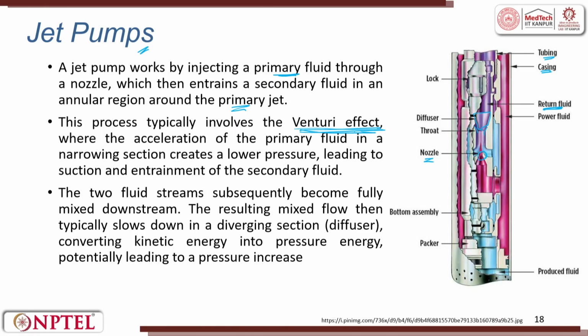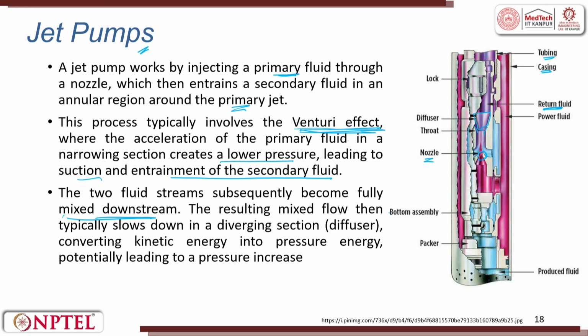The acceleration of the primary fluid in a narrow section creates a low pressure, leading to suction and entrainment of the secondary fluid. So, primary fluid, secondary fluid. The two fluid streams subsequently become fully mixed downstream.